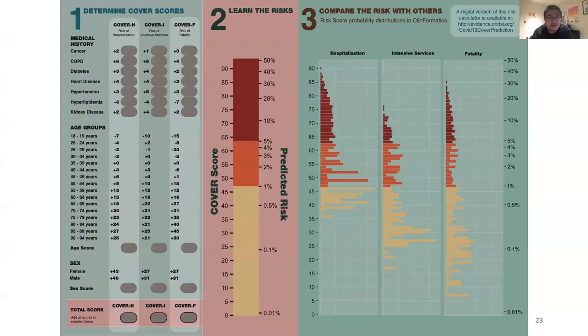They also generated this figure, which shows the models for predicting COVER-H, which is the hospitalization risk, COVER-I, which is the intensive services, and COVER-F, which is death.